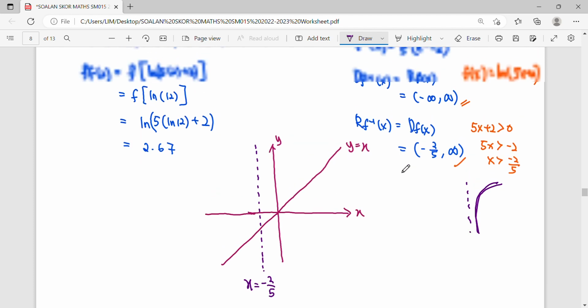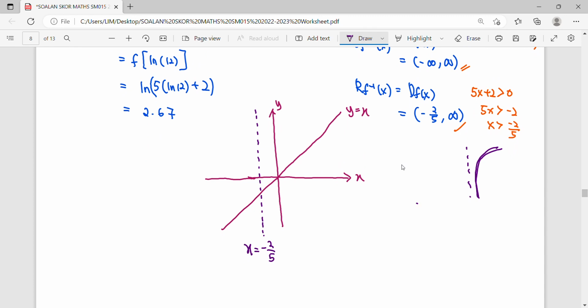You can check a value. Let's say x equals 1. Then what is your y coordinate for this function, which is ln 5 plus 2. So when you have ln 5 plus 2, the value is bigger than 1, means it is bigger than your refraction axis. So ln 7, you get the value 1.94.